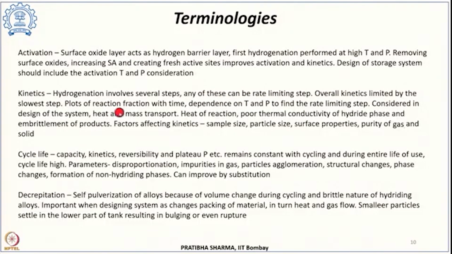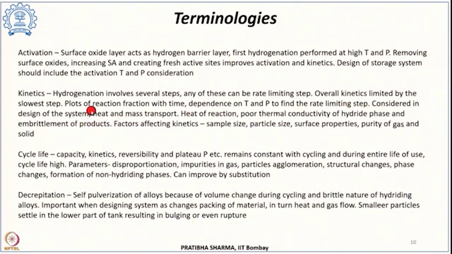So that slowest step will be the rate determining step or the rate limiting step, and the overall kinetics will be limited by that slowest step. So we can plot the kinetics of a system or a metal hydride by plotting the reaction fraction against time, and the dependence of this plot on different temperatures and pressures will be helpful in finding out the rate limiting step, and that has to be considered when we are designing the system.